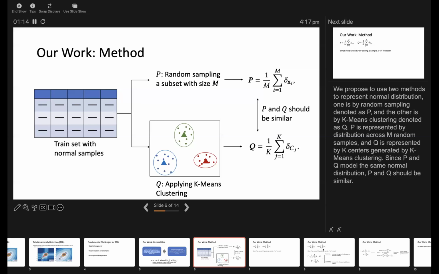Since distributions P and Q are used to model the same normal train set, it is reasonable to assume that distributions P and Q should be similar.